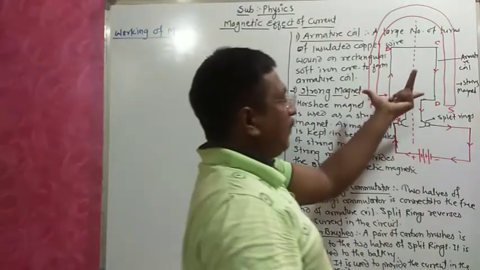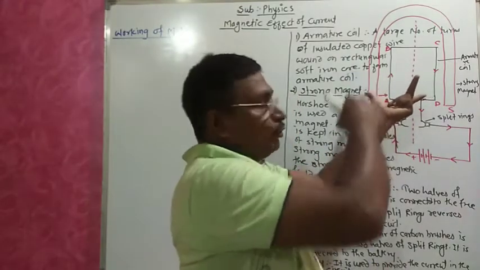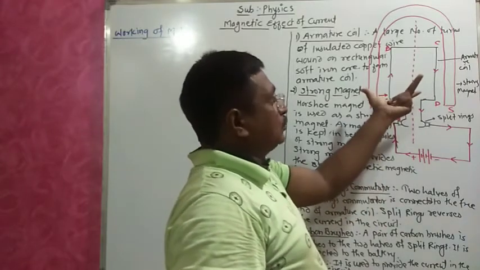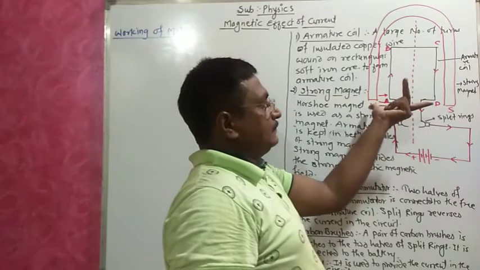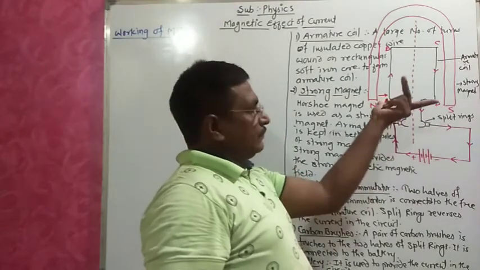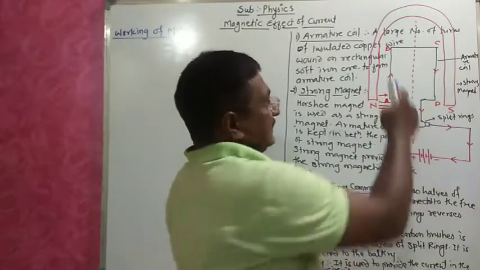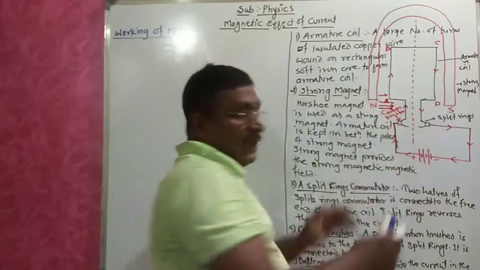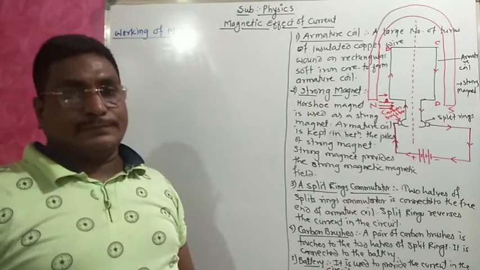So what about the armature coil? So the force of motion of the conductor. Motion of the conductor is left side. See? Observing this side, this arm AB moves in the downward direction.